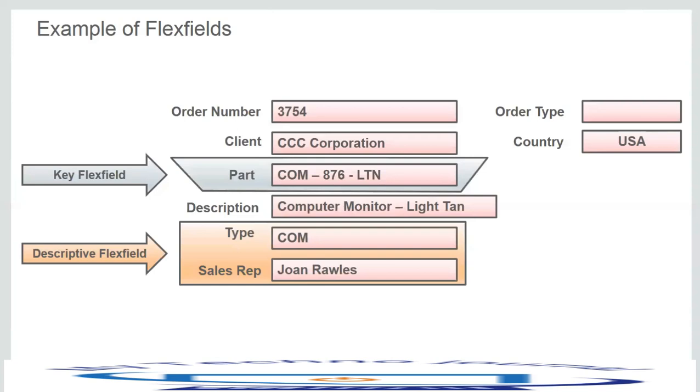So any UI page that represents the business object will include the flex field attributes that extend the business object. A single flex field can capture multiple attributes which you can display in the user interface as fields.